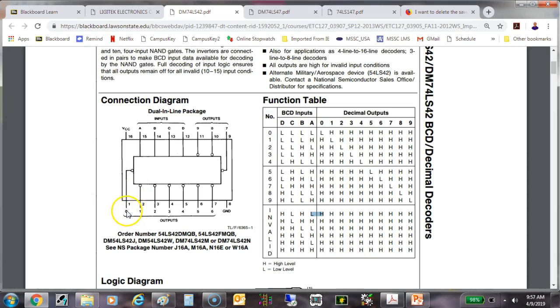So pin 1 would be output 0, pin 2 would be output 1, pin 3 would be output 2, pin 4 would be output 3, pin 5 would be output 4, pin 6 would be output 5, pin 7 would be output 6. Pin 9 would be output 7, pin 10 would be output 8, and then pin 11 would be output 9.